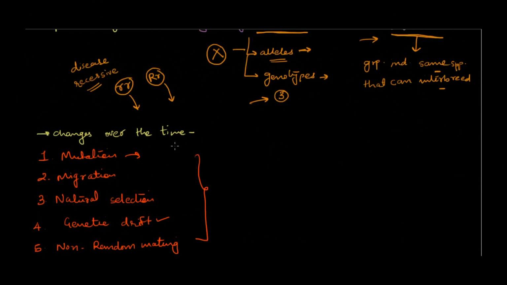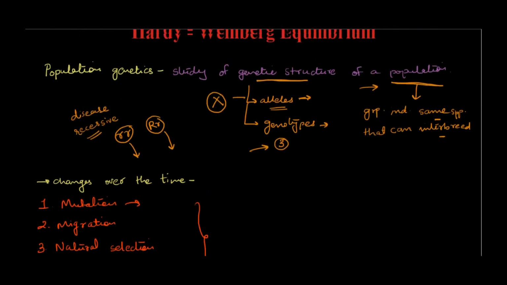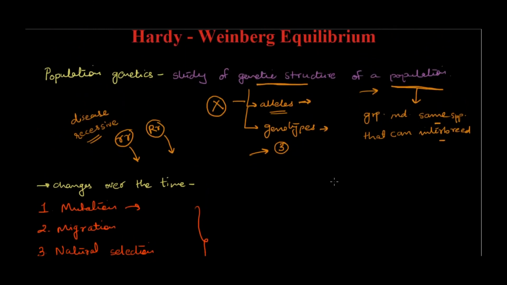Okay, that is one factor that we need to understand. Why? Because we are constantly under the influence of these evolutionary factors. So, it is difficult when you want to calculate the frequency of alleles and genotypes for such a population, right?